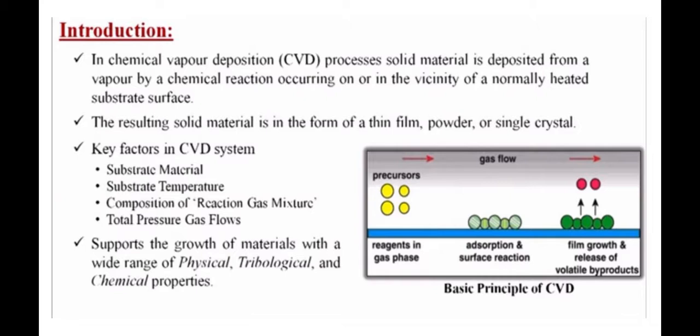As I have shown in the figure, from this particular figure you can understand that there are certain precursors, which are reagents in a gas phase, then the gas is flowing, then there is some absorption and a surface reaction takes place with the substrate itself, and then at last the film grows onto the substrate material, with the release of volatile byproducts, maybe some toxic gases or impurities in the form of gases.